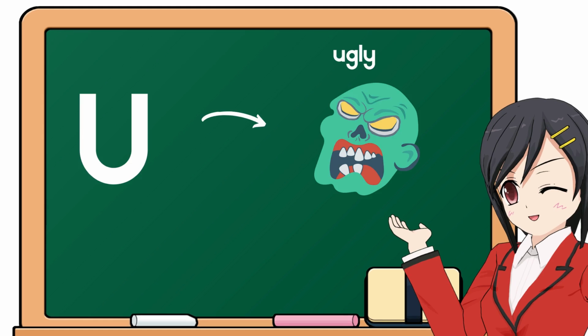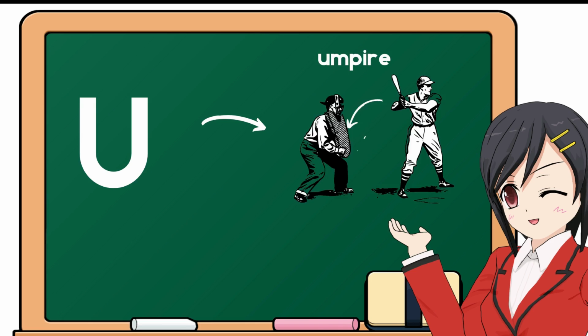U is for ugly. Again, ugly. U is for umpire. Again, umpire.